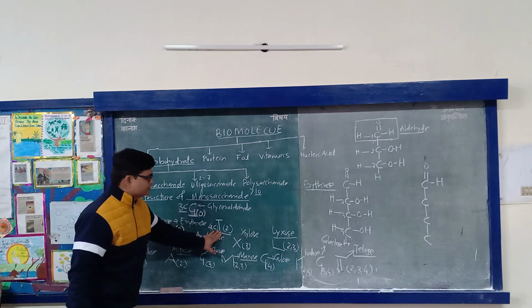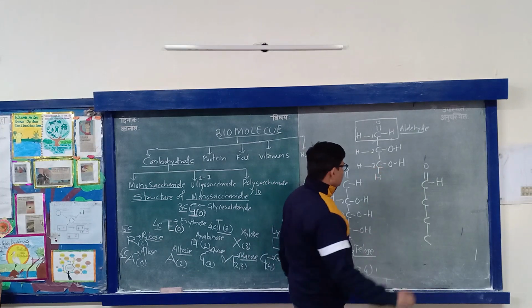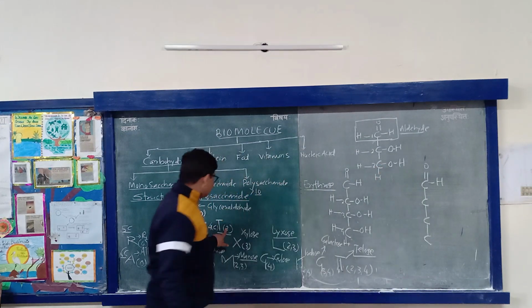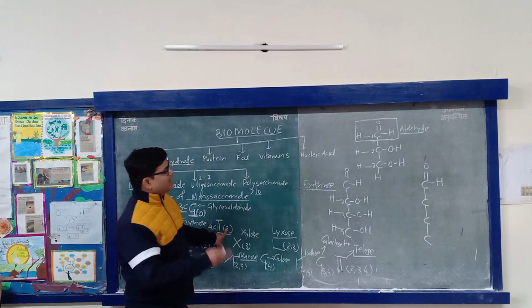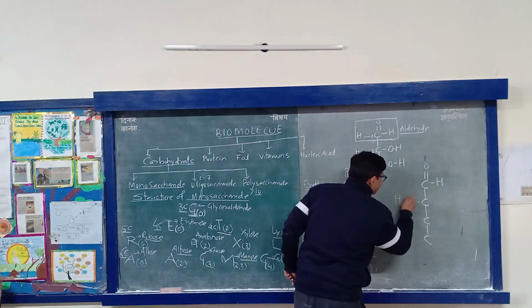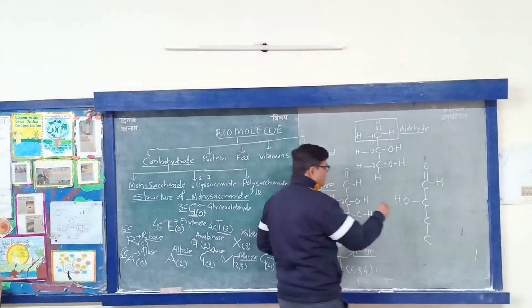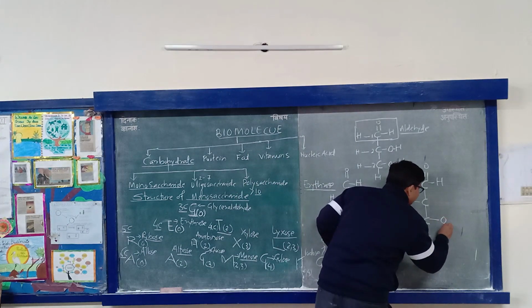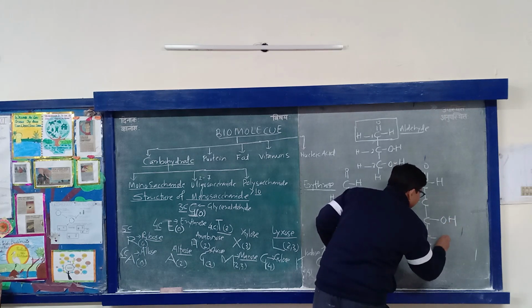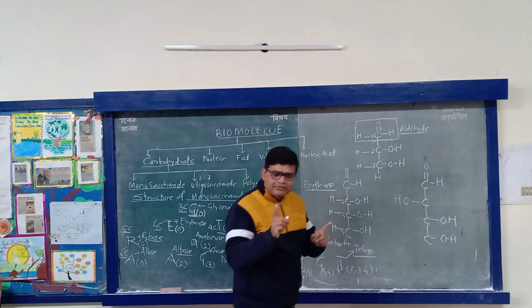Now, to differentiate between erythrose and threose, I am drawing the chemical structure of threose. I have indicated 2, which means at carbon number 2, the hydroxy group is present on the left side. On the rest of the carbons, the hydroxyl group is present on the right side. You have to fulfill the valency of carbon.